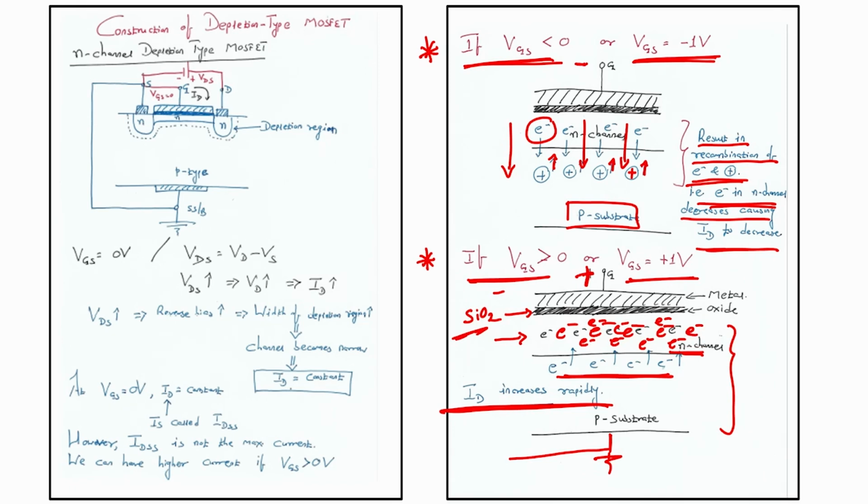We just have to understand: positive applied, electrons will be attracted; negative applied, electrons will be pushed down. If electrons are pushed down, the channel will be narrowed and my ID will decrease. If my electrons are pushed up, I can see my ID increasing. Depletion type MOSFET, very easy, right? Very easy. Okay.